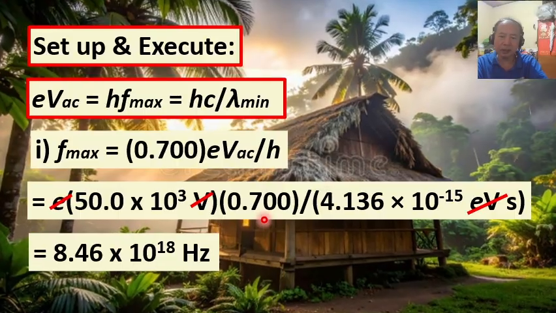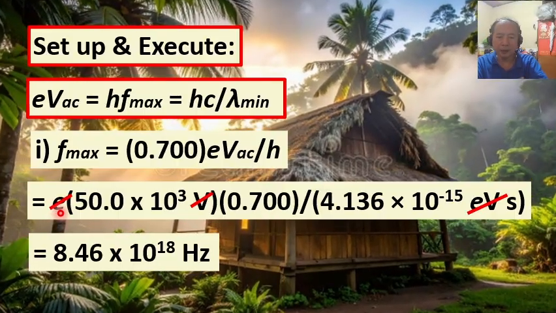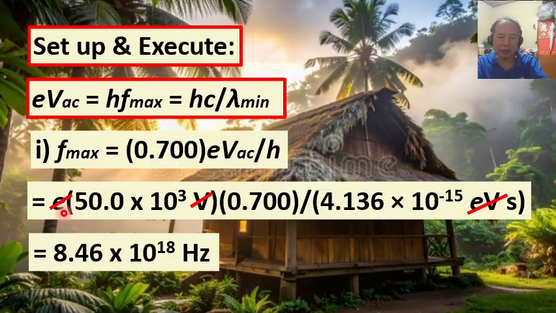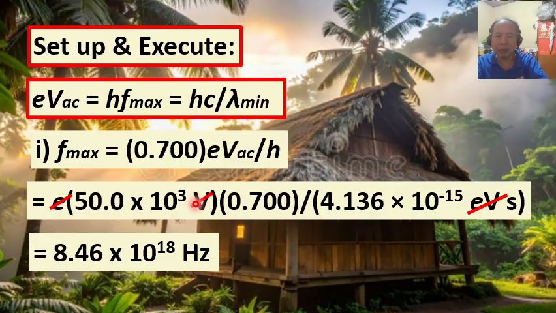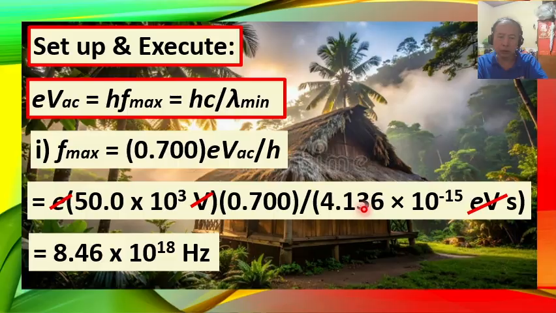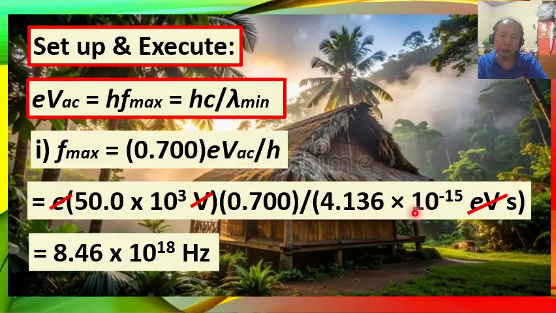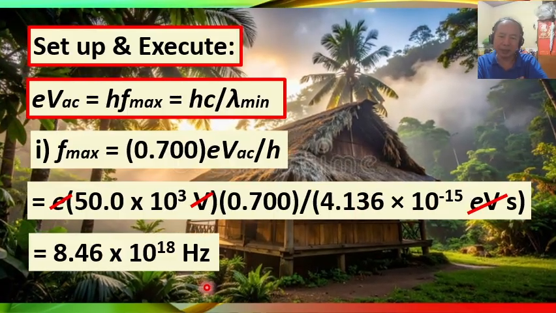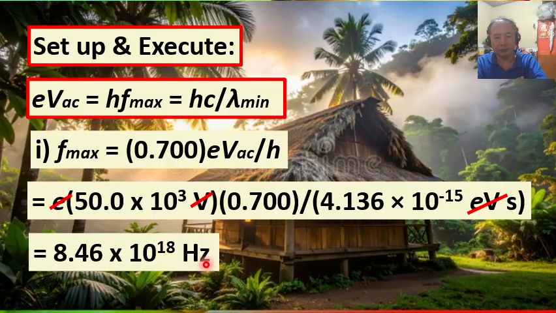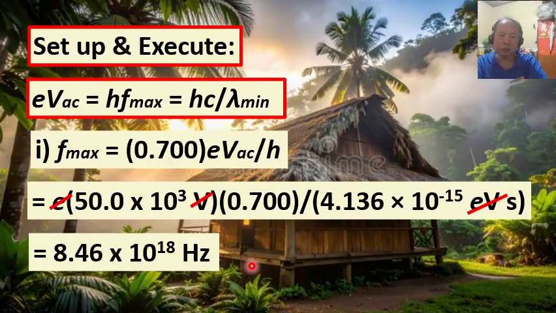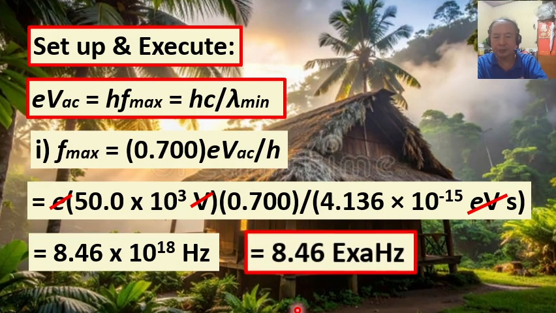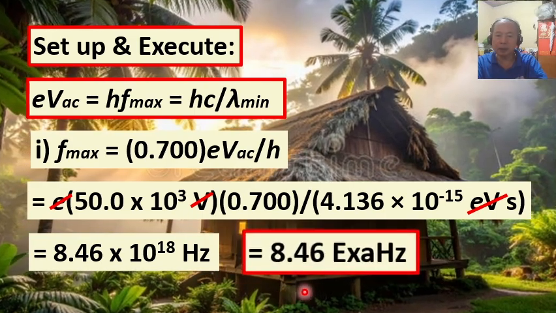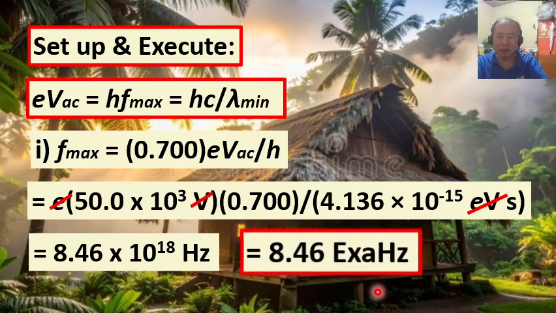Notice that the charge e here gets cancelled out as well as the unit volt. So what is left is the unit per second, which is the same as hertz. Or we can also express this as 8.46 exahertz.